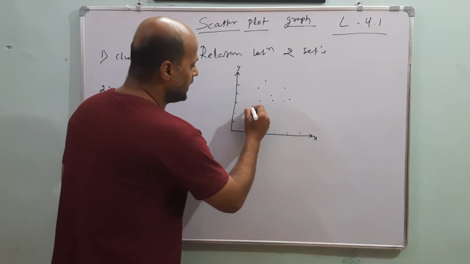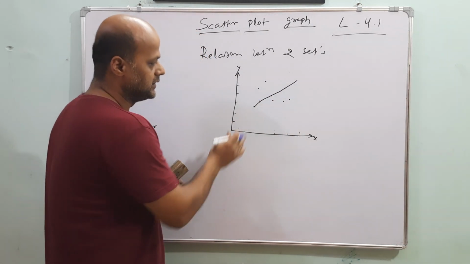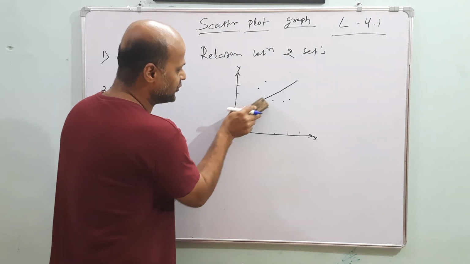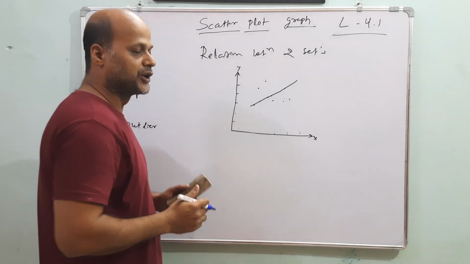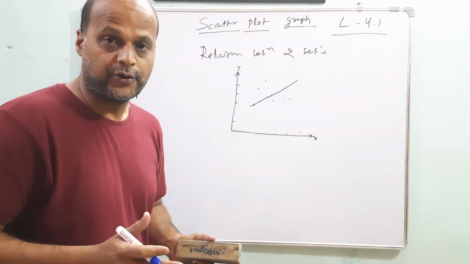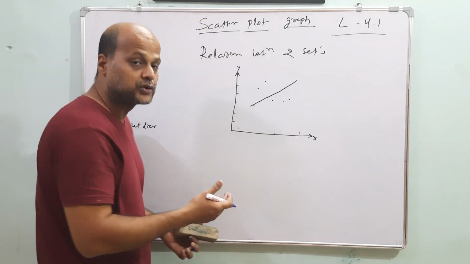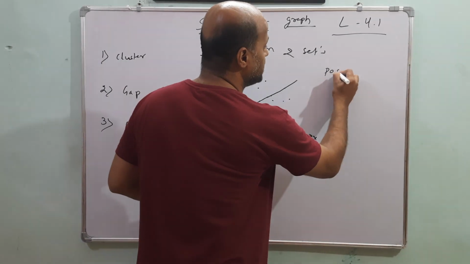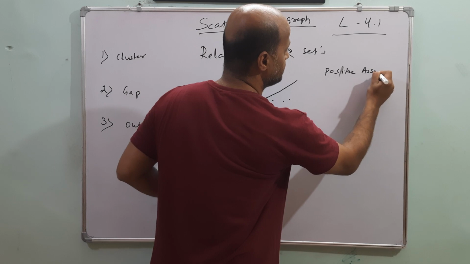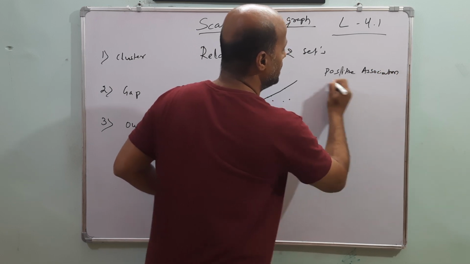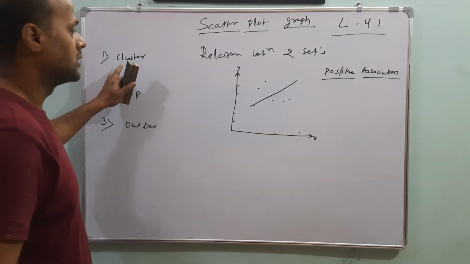If they are forming a straight line, though this is a little bit bent, a straight slope, then this slope is called positive association. The graph is showing positive association, and these points are called a cluster.